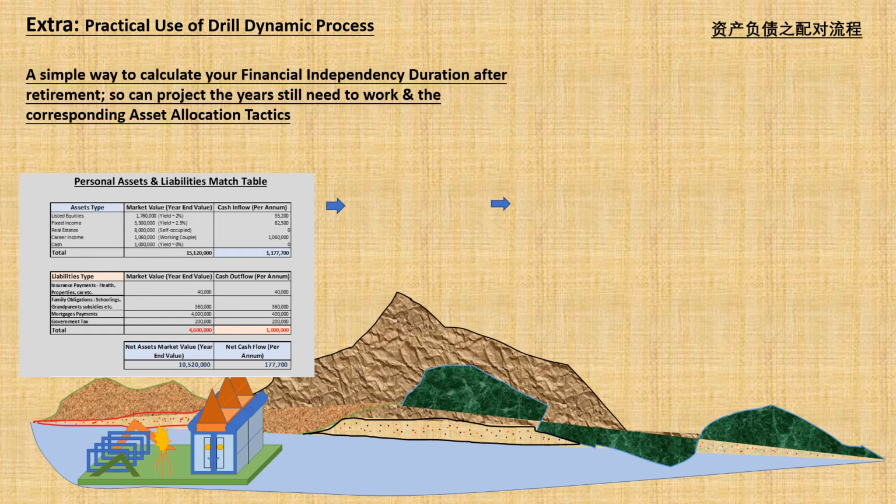Okay, now I would like to explain a bit how to use our dynamic process to calculate your financial independence duration so that you can project your retirement age, how many years you still need to work, and then change the corresponding asset allocation tactics and allocations.